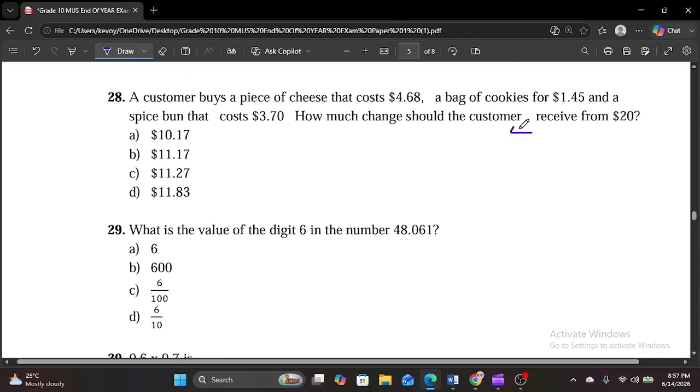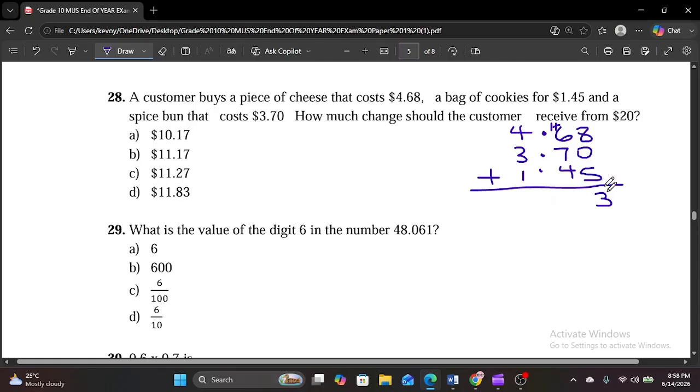So that's going to be $4.68, this is going to be $3.70, and then we have our $1.45. We add first to know what's going to be our total at the shop.